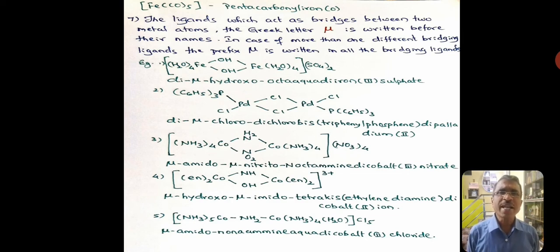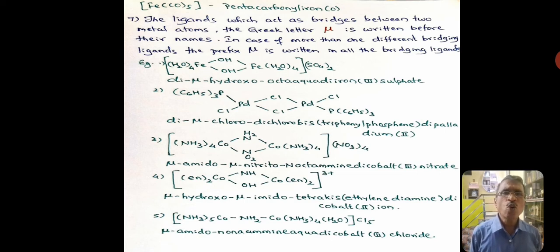In the case of the third example, between the two cobalt, you have two different ligands. One is the amine and another is the nitrito. Now, how should this be named?